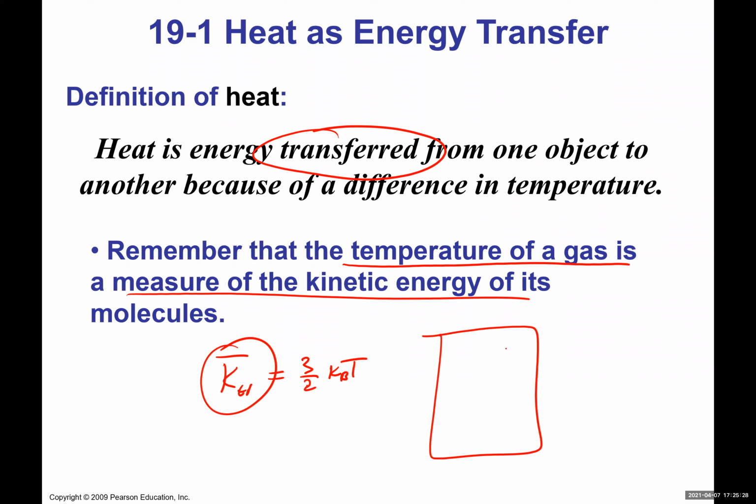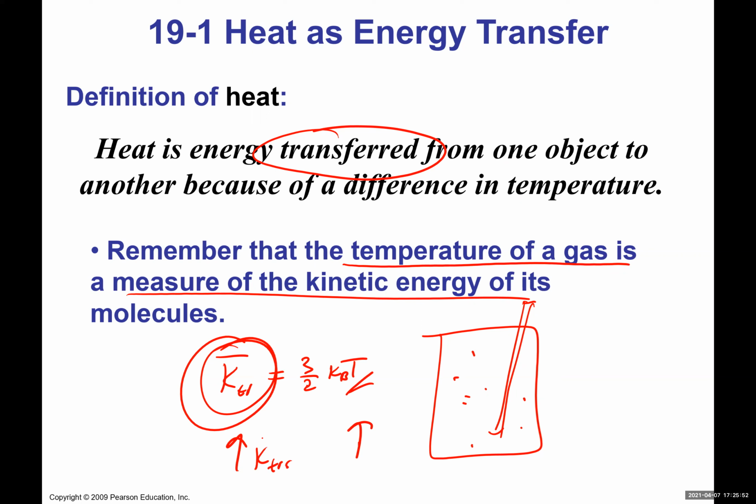You put a thermometer in a system like this, and what it measures is basically the average kinetic energy of your molecules. So if you add heat, which means giving your system some energy, those molecules are going to be moving faster. As they move faster, the average translational kinetic energy increases. That increase will give you an increase in temperature as well.